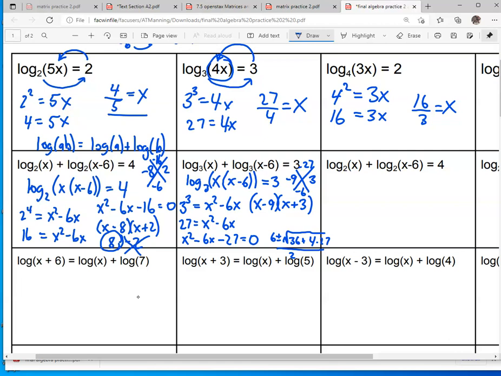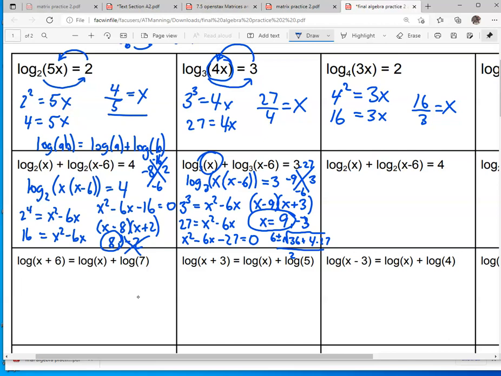6 plus or minus 12 all over 2. And I know that's going to come out to be 9 and negative 3. So, x equals either 9 or negative 3. And there we go, we can't do a negative 3 inside of there. So, the only possible value for x is 9.